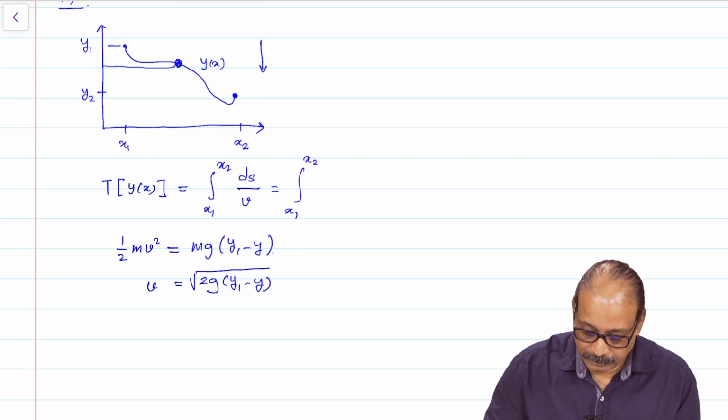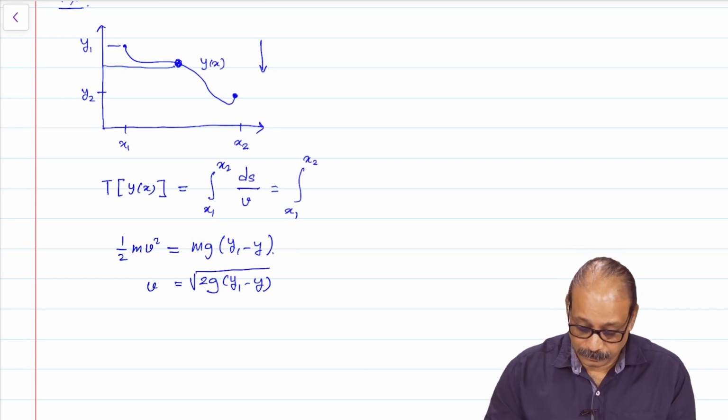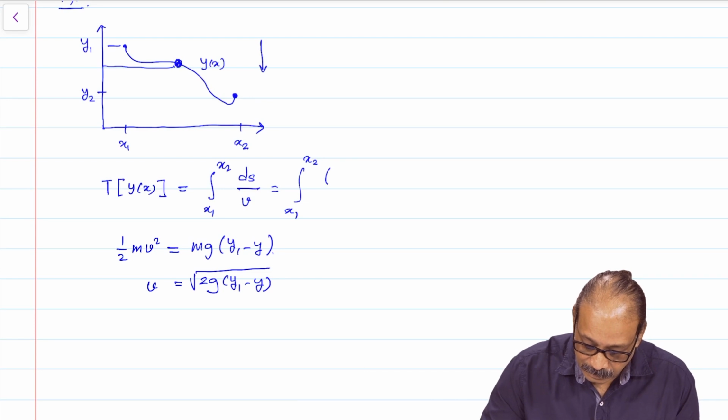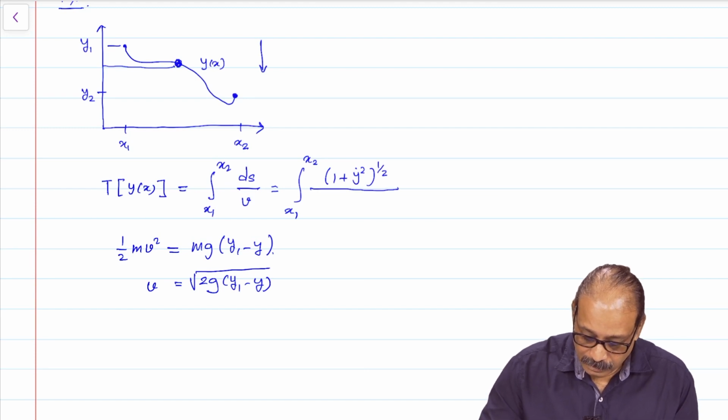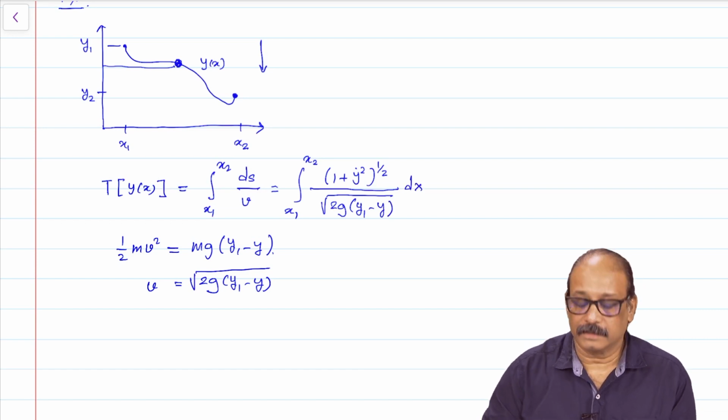So, this is x1 to x2, ds is nothing but 1 plus y dot square to the power half, divided by the velocity, which is the square root of 2g times y1 minus y, dx.